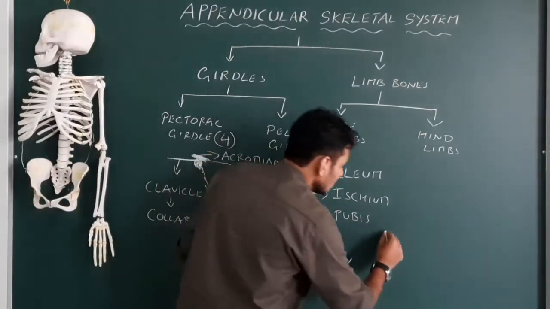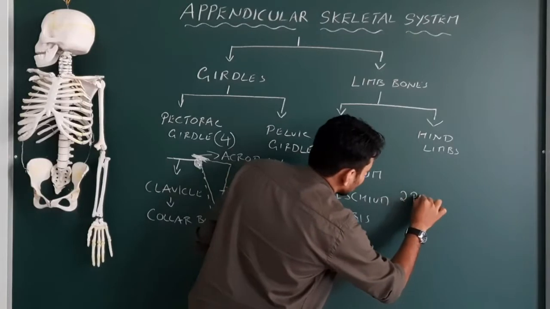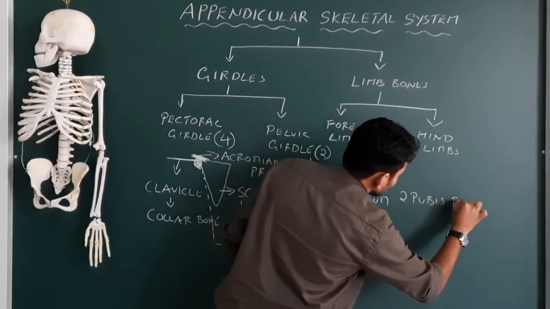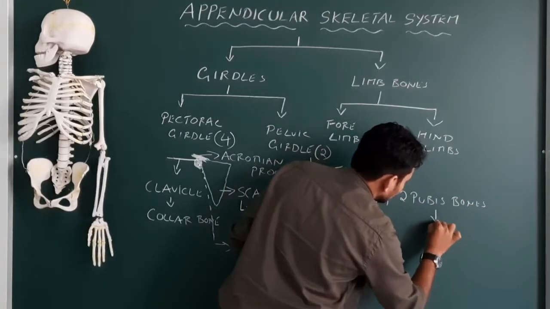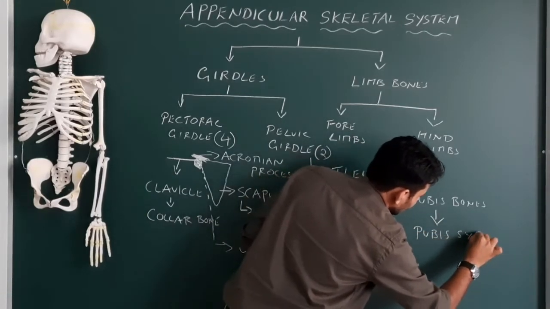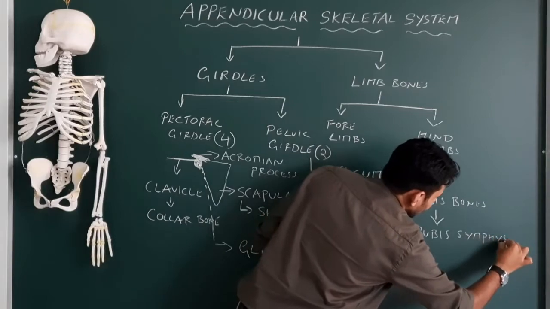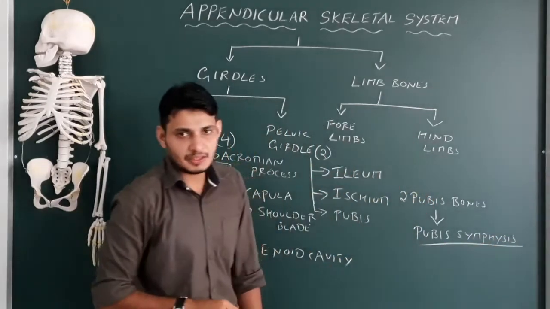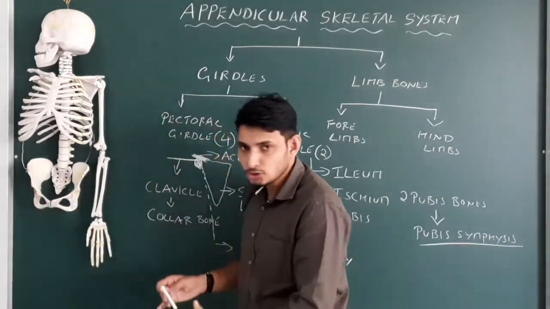Let me write: two pubis bones are attached by a small structure called the pubis symphysis.